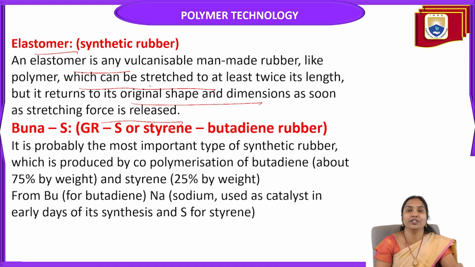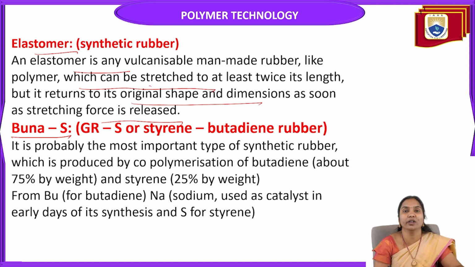So the polymer which can be stretched at least 150% of its original length without breaking, and retains the same original shape when we release the stress, is known as elastomer. Here Buna S is a synthetic rubber. It is also called GRS rubber.